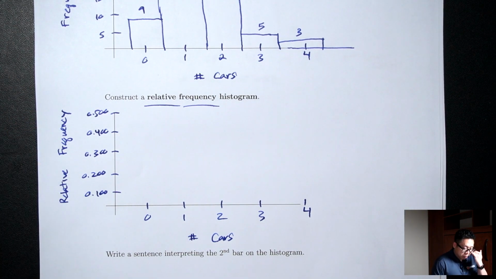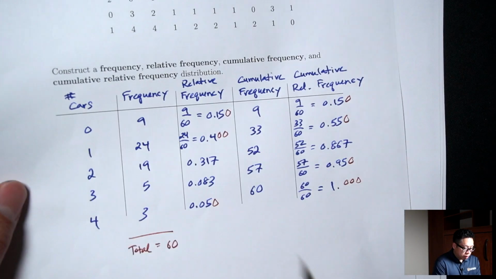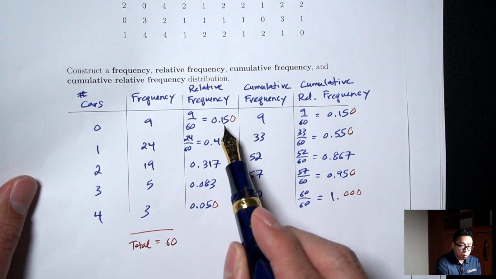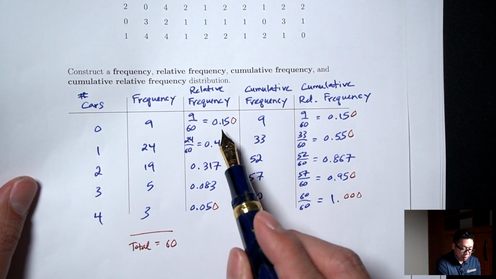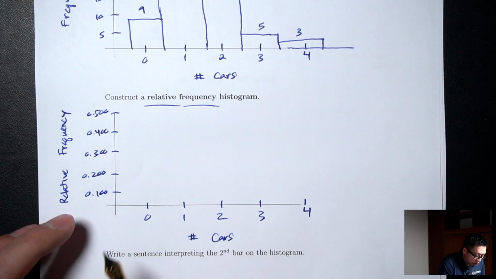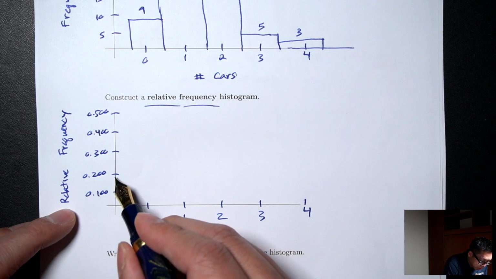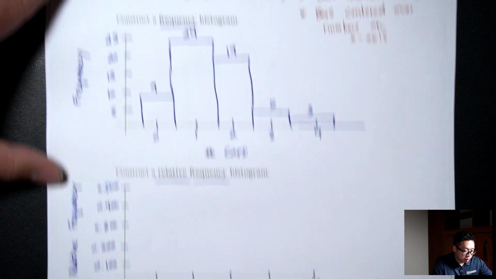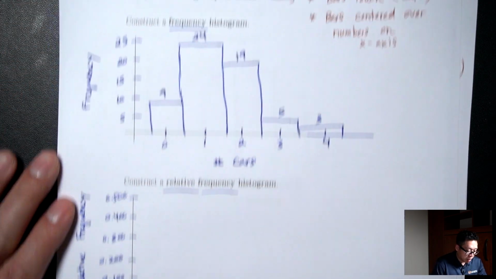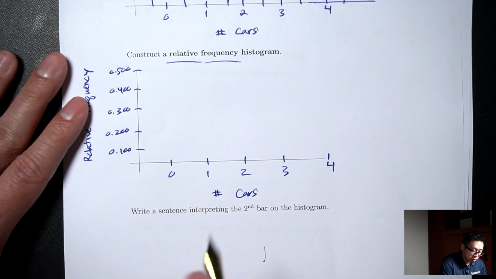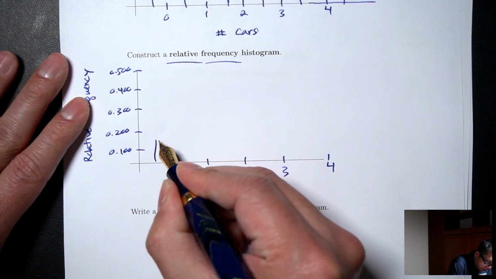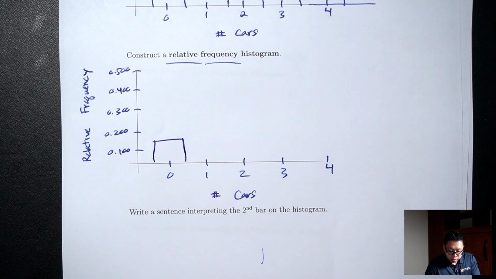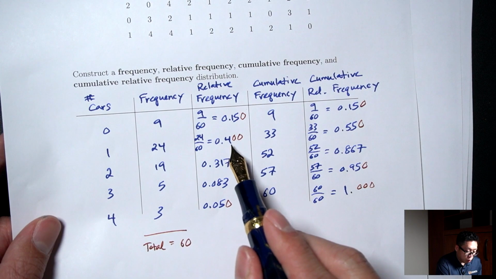And now my bars. The 0 was 0.150, so I think of it as like 150. So 150 would be between 100 and 200. And remember, this is situation 1. Situation 1, I'm going to have the numbers in the center of the bars. Next up, 0.400.